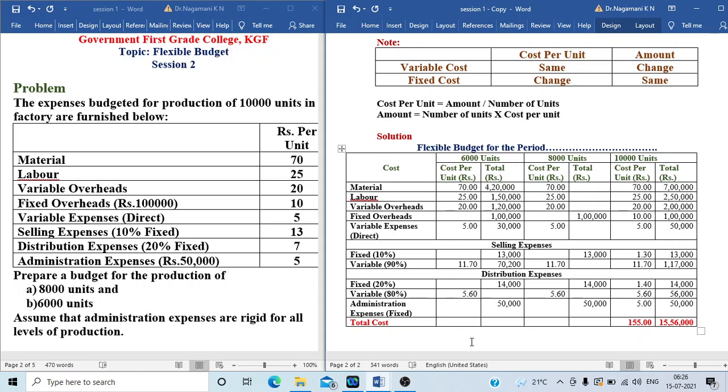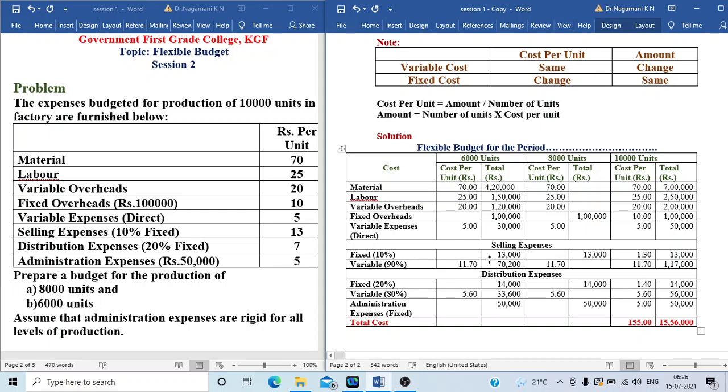Next, distribution expenses, under that variable 80% is there. Cost per unit is 5.60 into 6000, 33,600. Next, under 6000 units we have filled the amount column.